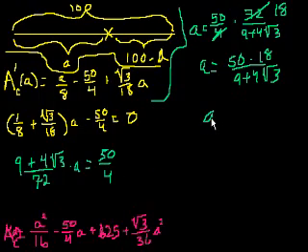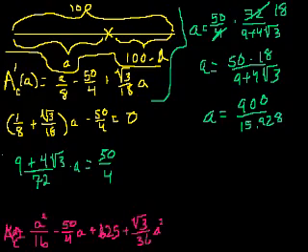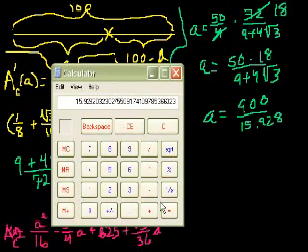So A is equal to, what's 50 times 18? It's 900, right? 5 times 18 is 90. So it's 900 over 15.928. So let me just invert that times 900.